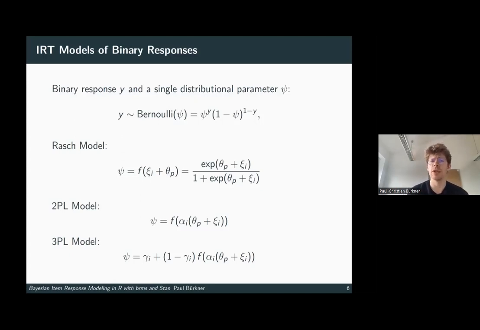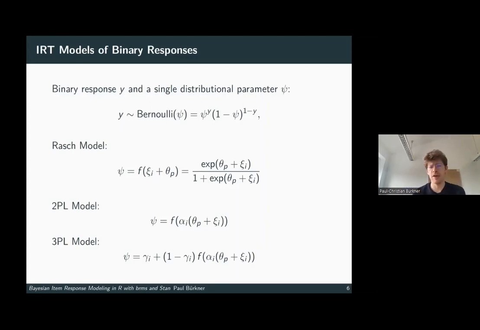When we consider the Rasch model, which is kind of the most basic IRT model, then psi is a function f, the response function that I'm going to explain in a second, of the sum of the corresponding item and person parameter, where this person parameter theta p would be the ability, that is, the higher theta p, the greater the chance that this person answers that item correctly, and the zeta i would be an easiness parameter, that is, the higher zeta i, the easier the item is, that is, the more likely every kind of person will answer that item correctly.